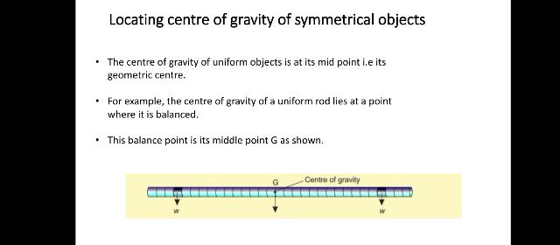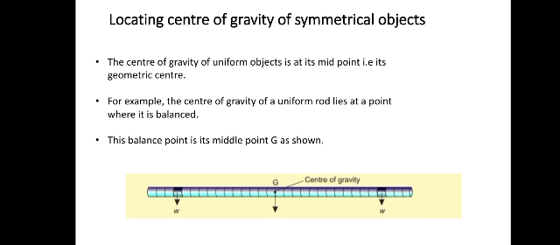Now how can we find the center of gravity of symmetrical or regular shaped objects? First of all, remember that the center of gravity of uniform objects is at its midpoint, its geometric center. For example, in the given figure you can see a rod.